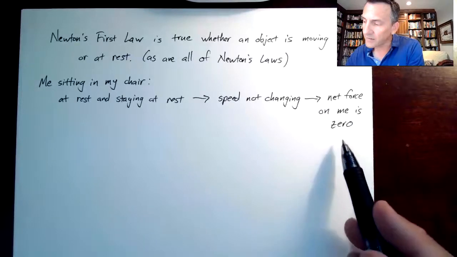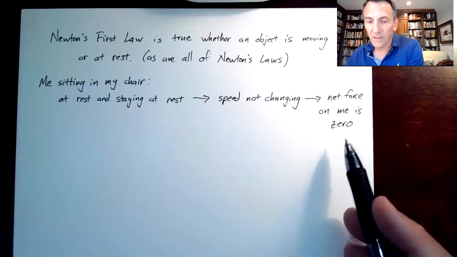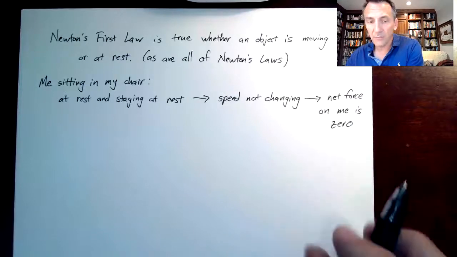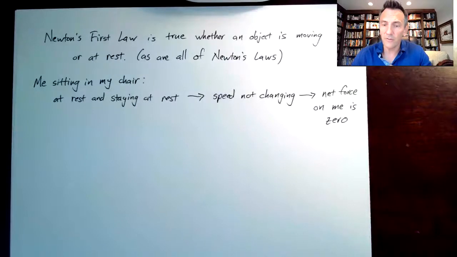But just because I said the net force is zero, does that mean there are no forces acting on me? Are there any forces acting on me right now? The answer is yes. And we'll talk about this more during this week's activity, but the force of gravity is acting on me right now. And if the net force on me is zero, then there must be at least one other force acting on me that balances the force of gravity.